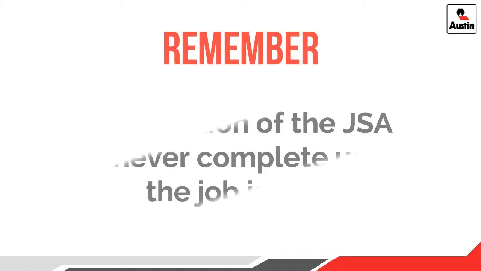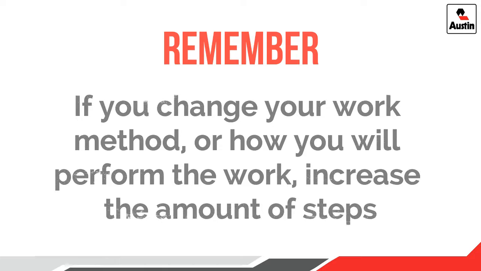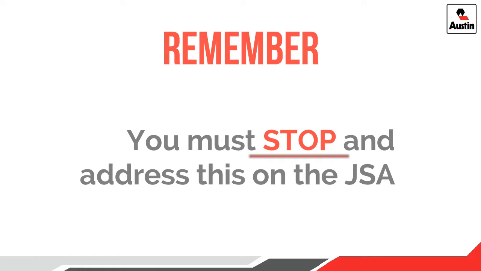Remember, this portion of the JSA is never complete until the job is over. If you change your work method or how you will perform the work, increase the amount of steps, or other changes, you have to stop and address the changes on the JSA.